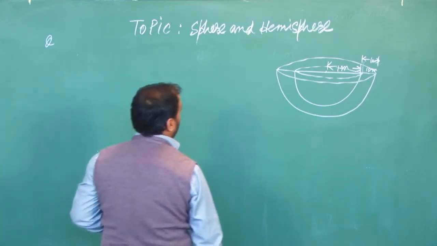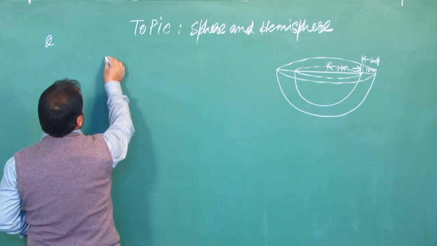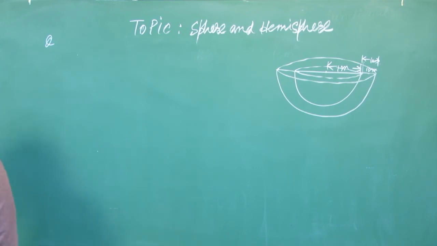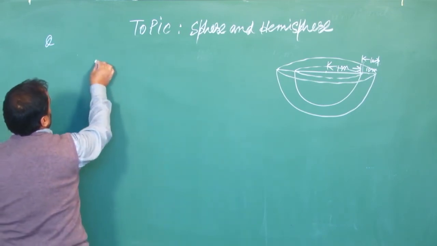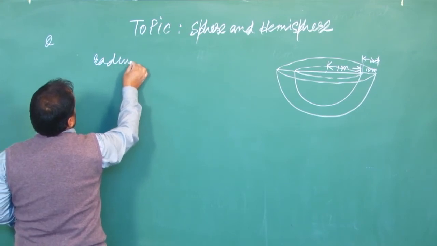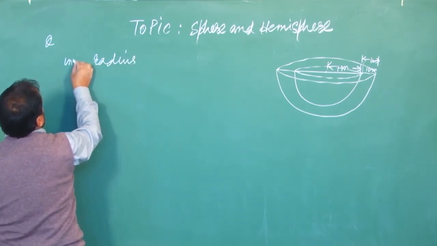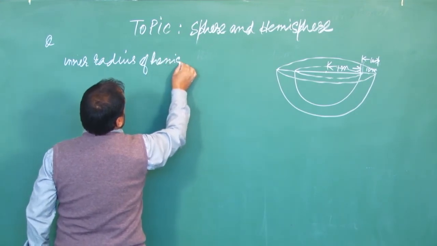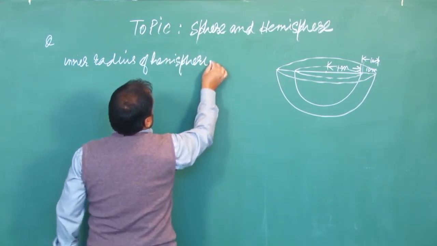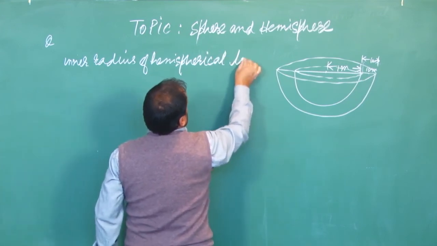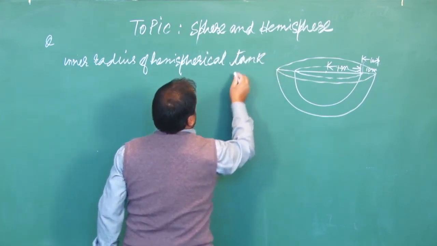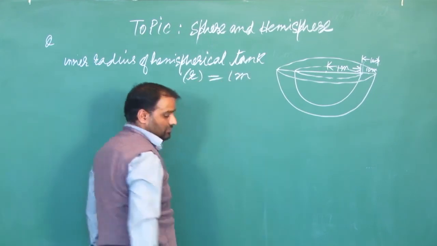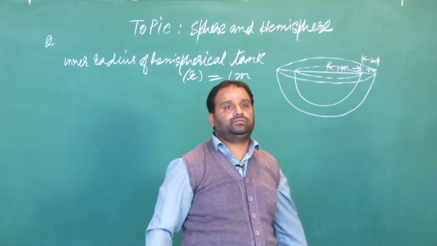Now, how to solve that question? First, we find out the inner radius of the hemispherical tank. The inner radius of the hemispherical tank is 1 meter, and the thickness is given as 1 centimeter.